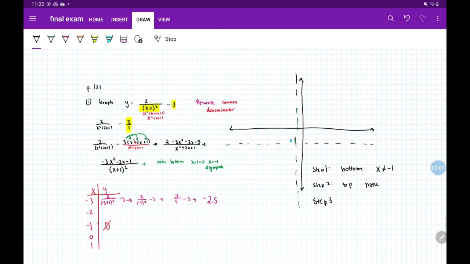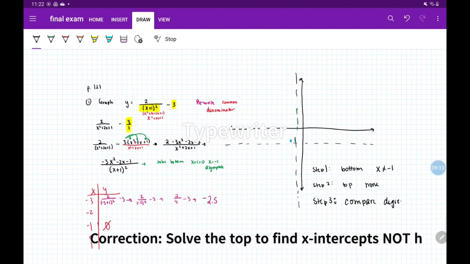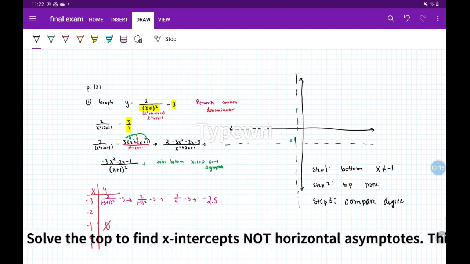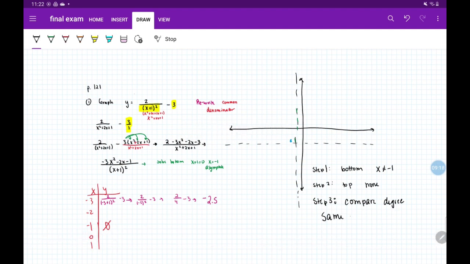And then step 3 in creating a graph is to compare the degree. And the top is squared and the bottom is squared. So the line A over B is the asymptote. So that's negative 3 over 1 is the other asymptote. And so I finished graphing that.